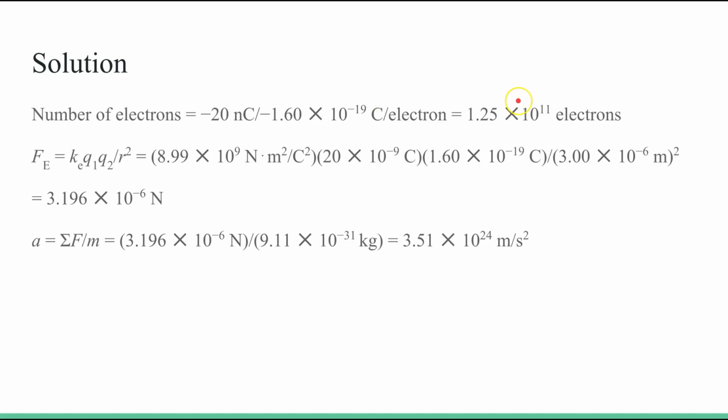And you get about 1.25 times 10 to the 11 electrons. So it's a massive number of electrons, even for a small charge.